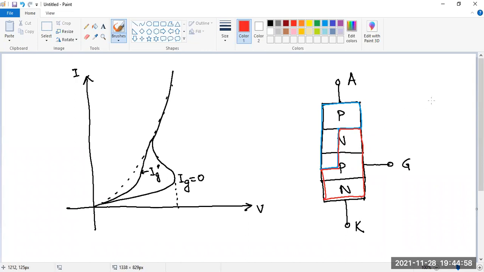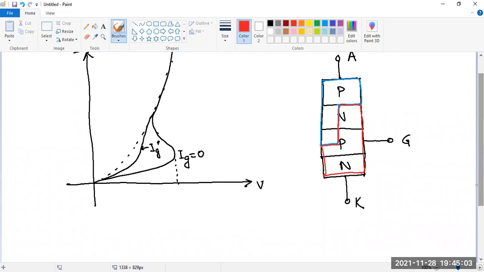So then what we'll do, we'll draw the equivalent circuit for this configuration. Now this PNP transistor, let us consider as transistor 1, and this NPN transistor let us consider as transistor 2. And remember that with the PNP transistor, your anode is connected.